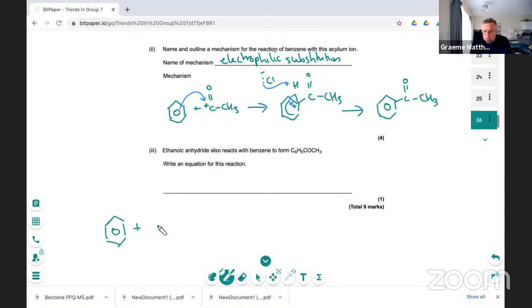And so again, you're just going to do the same exact thing. On this one, I'm just going to draw it out like this. I'm not going to do the actual mechanism. Right, this and that. And so your product is this.